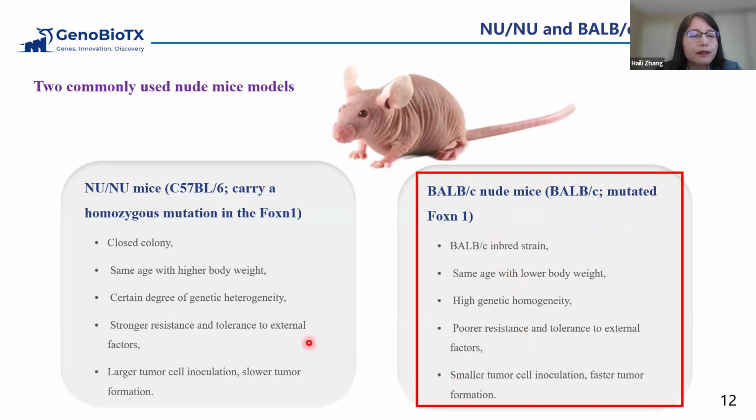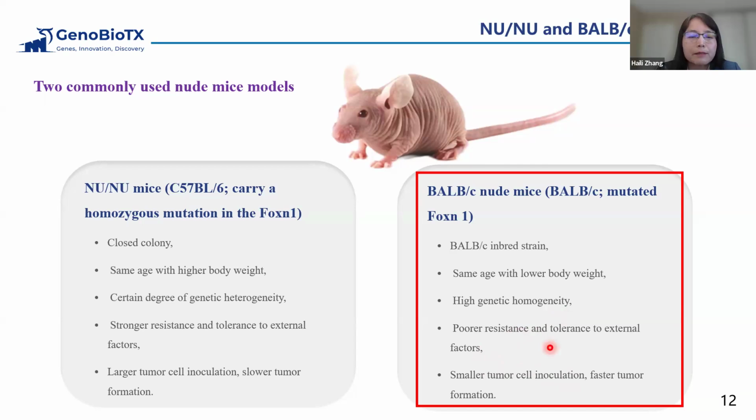So here lists the comparison between nude mice and BALB/c nude mice. I would like to highlight this point. BALB/c nude mice showed high genetic homogeneity, which leads to greater consistency and repeatability in test results. So for xenograft model development, BALB/c nude mice require smaller tumor cell inoculation, approximately 1 million compared to 10 million in nude mice.